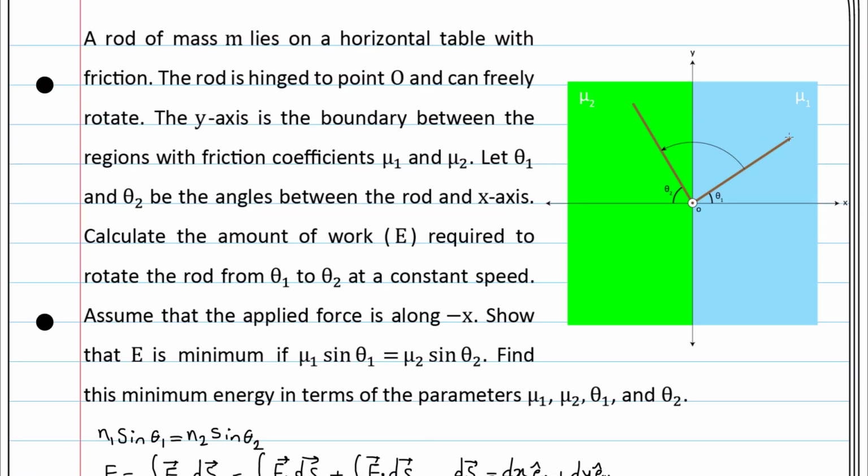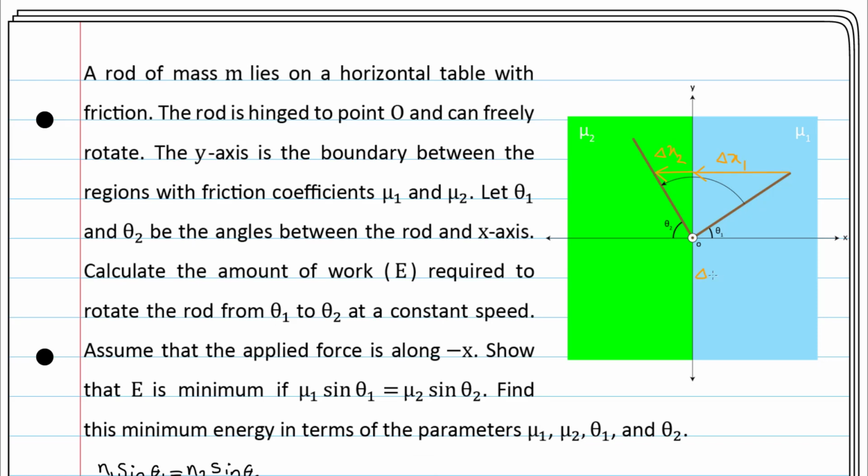You can see that this horizontal vector is delta x1, this is delta x2. So delta x1 is minus r cosine theta 1, and delta x2 is minus r cosine theta 2. The negative signs here are because the vectors point to the left.